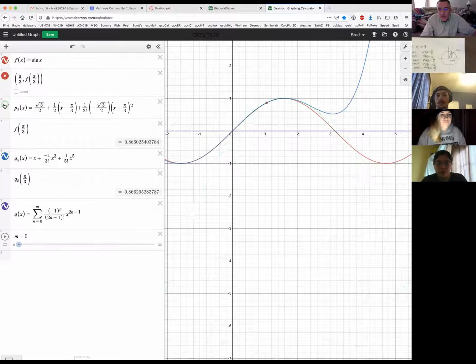Let's turn off this approximation. Let's turn off this. Well, that was our 5th degree approximation, right? And so now let's make this one a different color so we can see it a little bit better. Here, we'll make it bright orange. Okay, agrees at 0? Uh-oh, that's not good. So what's wrong?